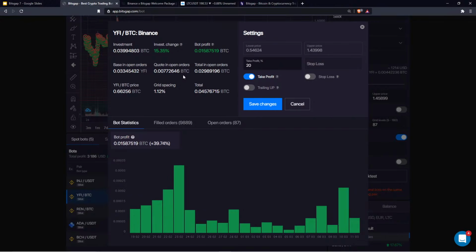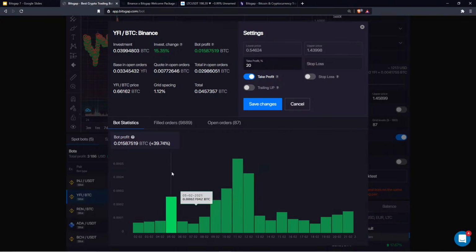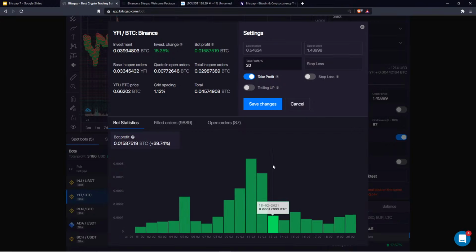Another cool feature that we have is the bot statistics. You know exactly what daily return the bot has achieved since the inception. You can use this data to analyze the performance and to compare these metrics with other configurations.